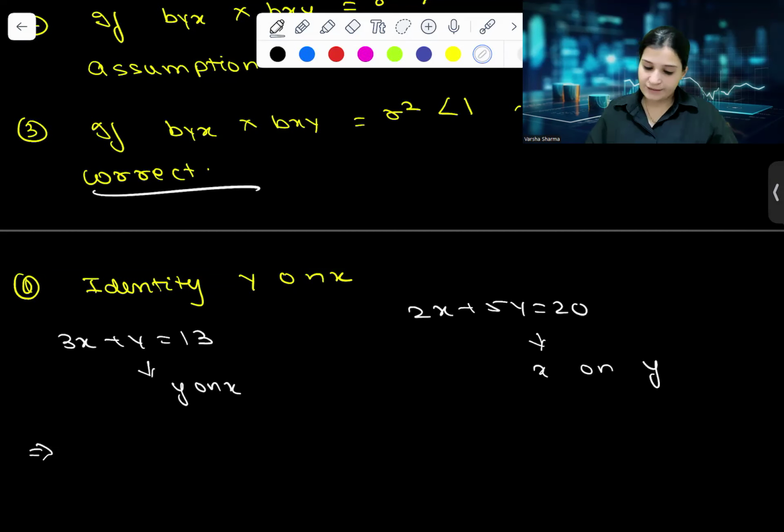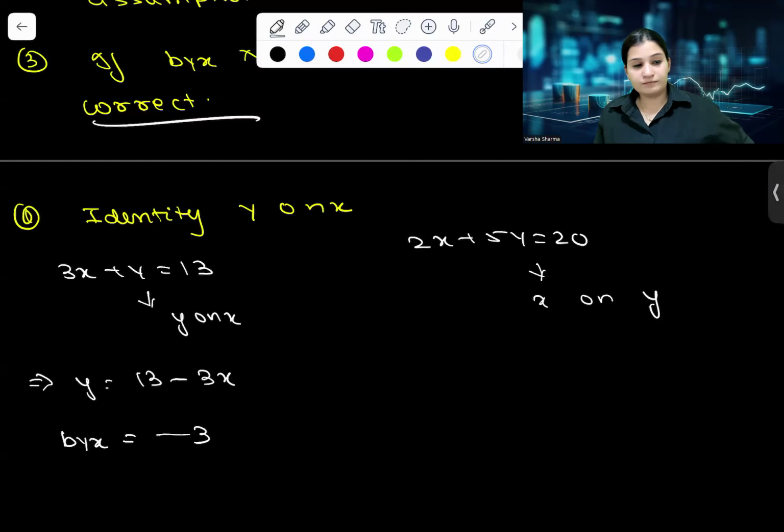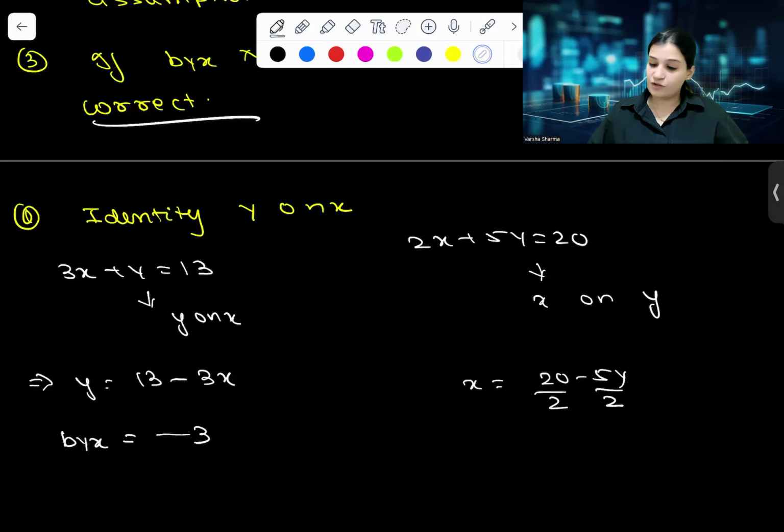Y. From here, we will get the coefficient of x is minus 3. So this is byx. The second, we will isolate x. So bxy is minus 5 by 2. Both are negative. So they are regression lines.